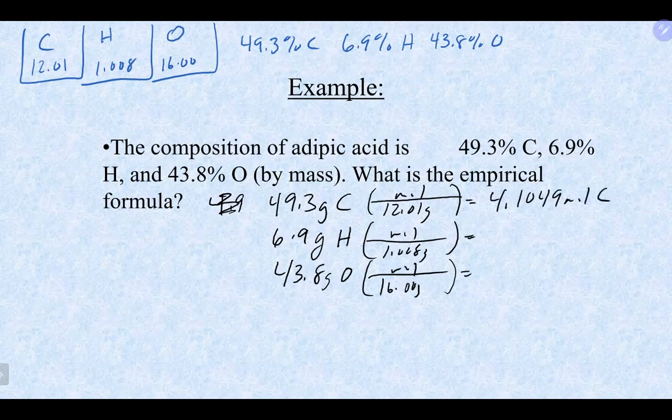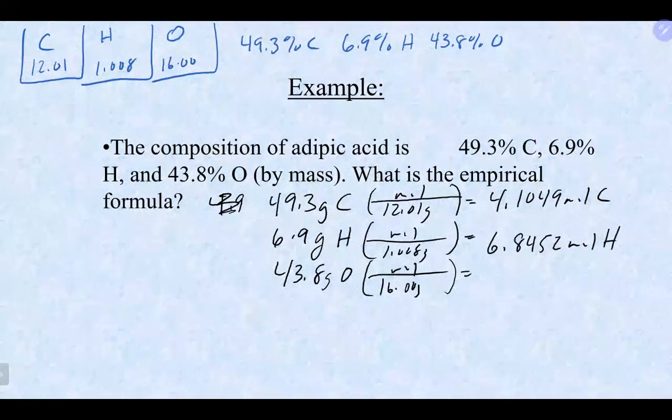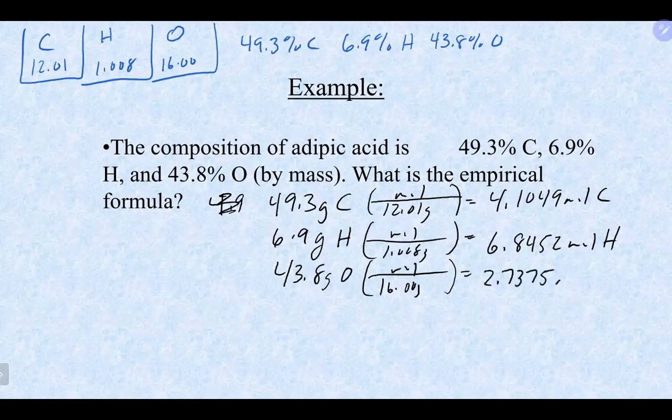We then have 6.9 divided by 1.008, which gets us 6.8452 moles of hydrogen. And lastly, 43.8 divided by 16 gives us 2.7375 moles of oxygen. In this particular case, it looks like we're going to be dividing by our oxygen.